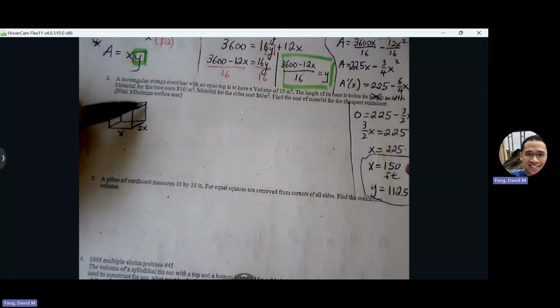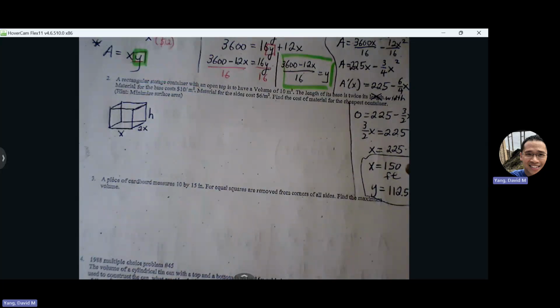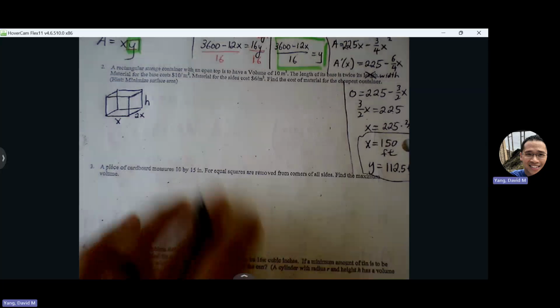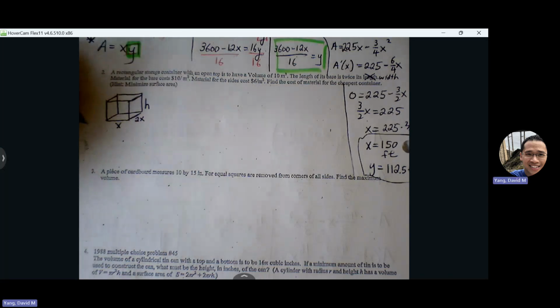Because we don't have anything about the height, we have to give it a different variable, either y or h. I'll just use h here. The cost is going to be associated with the sides, but we'll do that a little bit later.